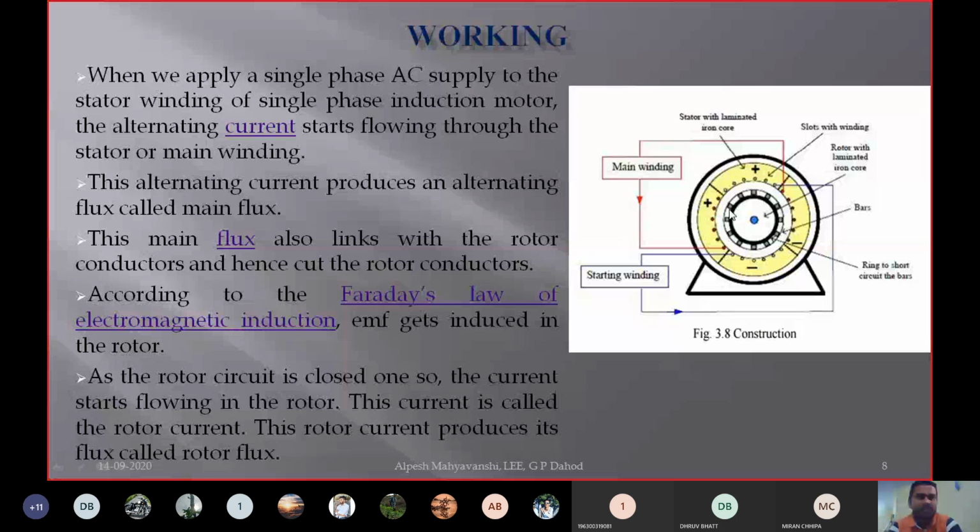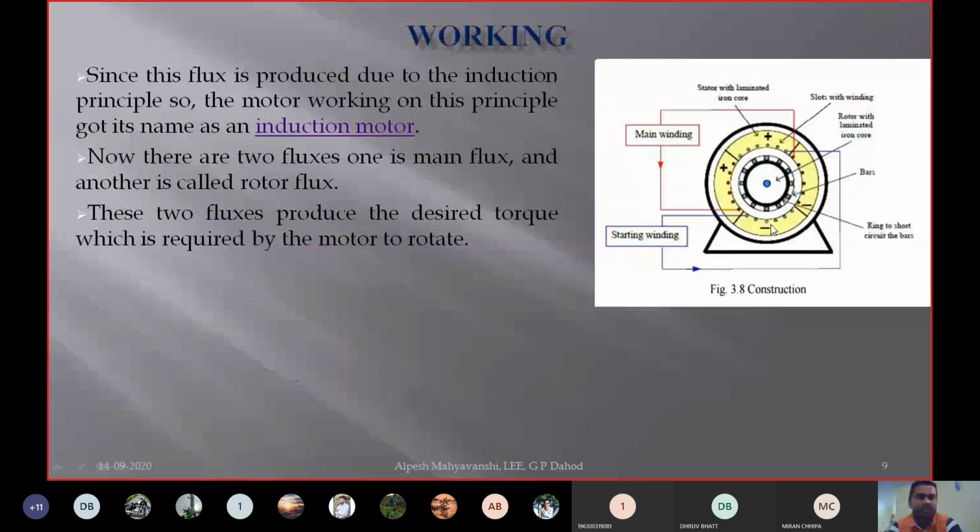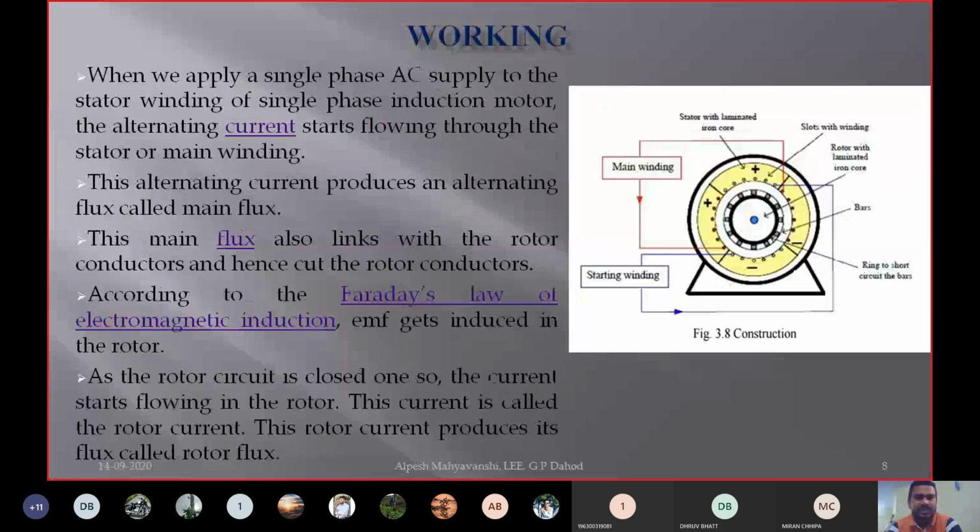The rotor conductors are short circuited through the copper rings, so the rotor circuit is a closed one. That means current flows through the rotor conductors, which is known as the rotor current. This rotor current produces the flux which is called the rotor flux.